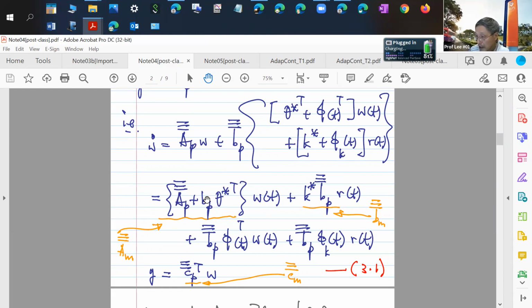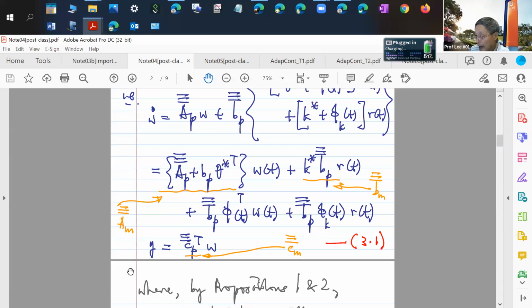This will be your AM triple bar, your BM triple bar, and your CM triple bar, plus those error parts. You can double check, because if you exactly put in the perfect control gains, then the errors will all be 0. This will be 0, this will be 0, you can strike this out.